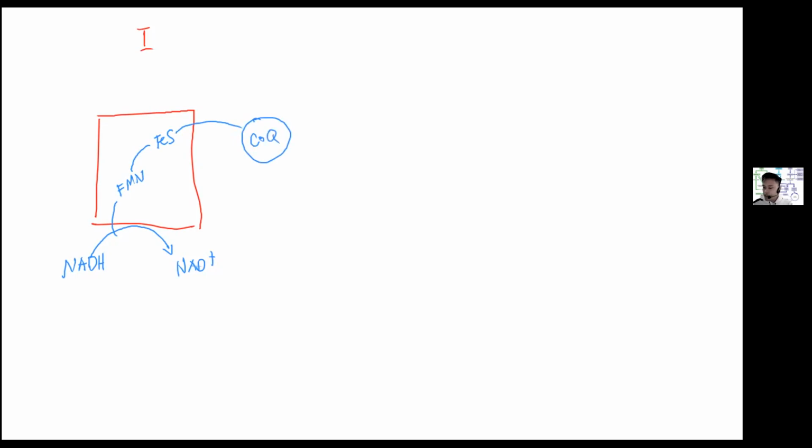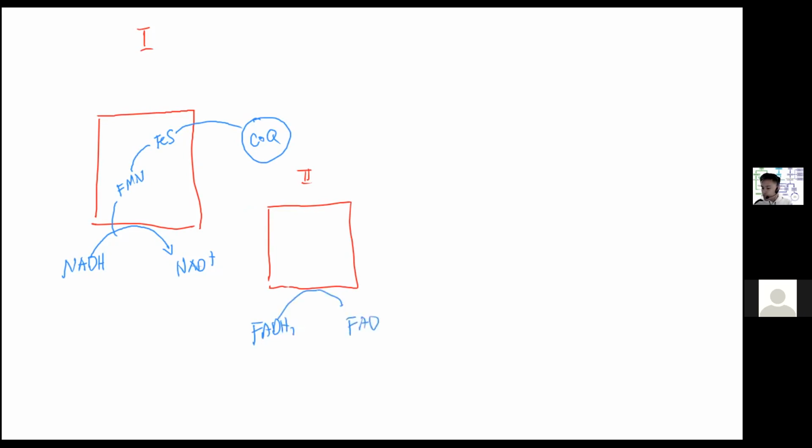Okay? And then you have your complex 2. What enters in complex 2? What enters in your complex 2 is your FADH2. As the electrons are passed on, FADH2 is converted back into FAD.